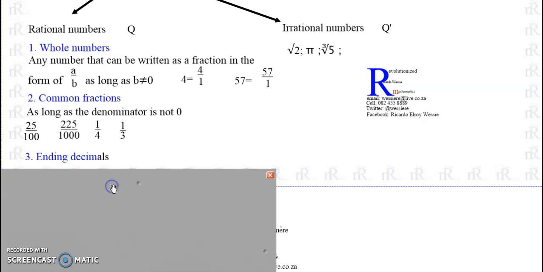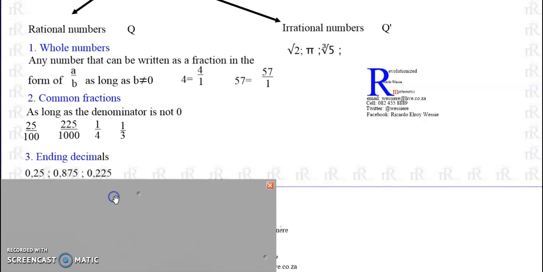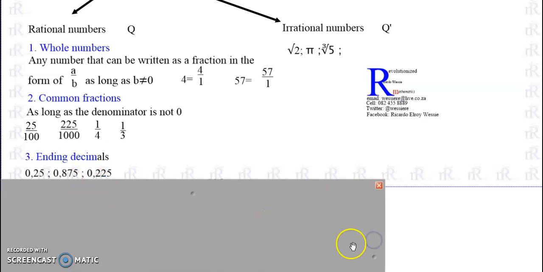Then ending decimals. Ending decimals meaning 0,25, 0,875, 0,225, meaning the decimal ends. If it's 6 decimal places, it ends after 6 decimal places. So therefore, it can be listed as an ending decimal.